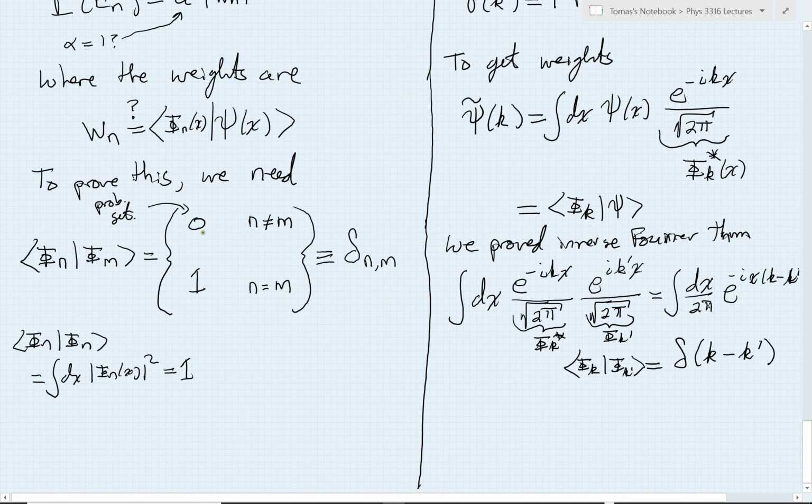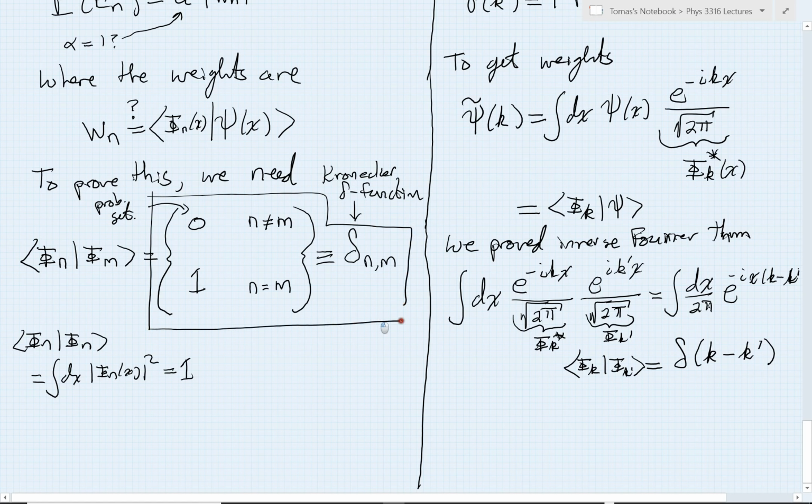It's a discrete version of the delta function, so it has a different name. This is called the Kronecker delta function, and it is defined precisely according to this definition. And so we can compactly write down the overlap of any two of our states.